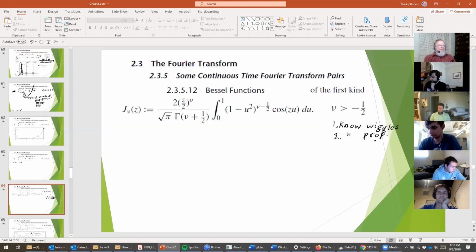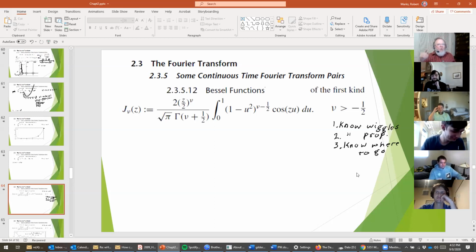And number 3, you know where to go if you need the cosine of 14 degrees. You know where to go, right? You got a calculator that can tell you that. So that's why you're comfortable with trigonometry.